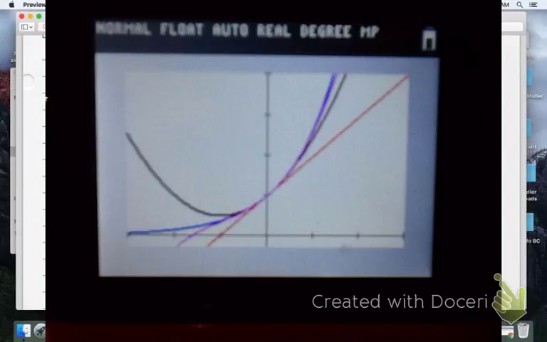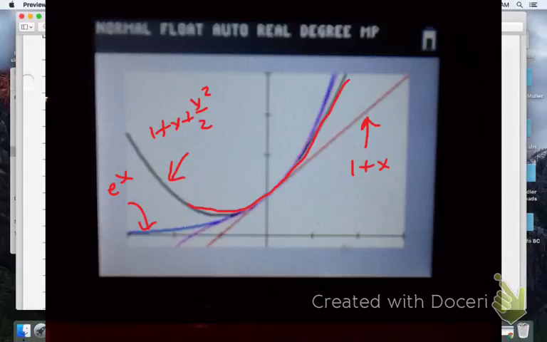Okay, so the blue line is e to the x. And then here's the first two terms. That's the 1 plus x. That's the tangent line. And then it gets a little fuzzier, but this is the second degree, 1 plus x squared over 2. So it is a parabola. And as you can see, it's starting to hug this blue line even closer.